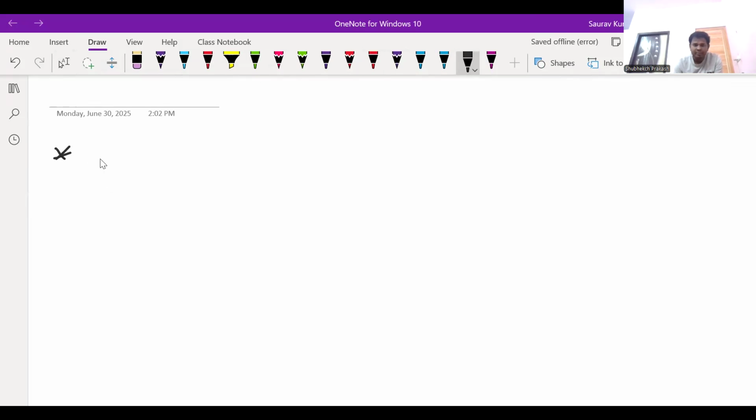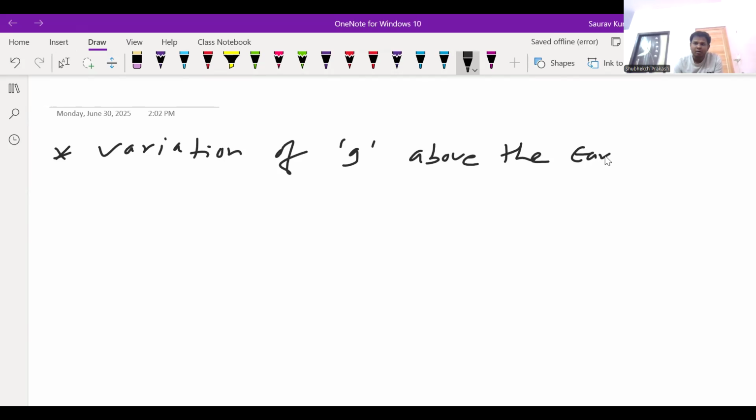We are going to derive the variation of g above the Earth's surface.